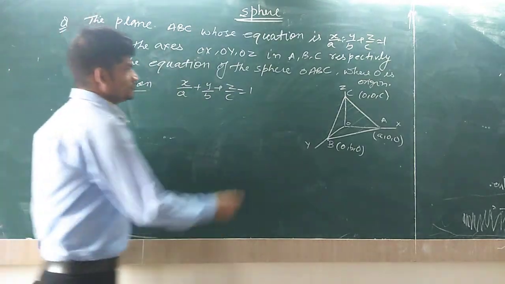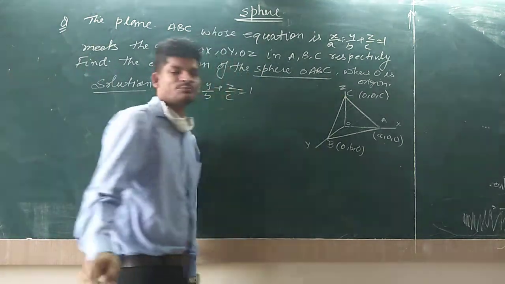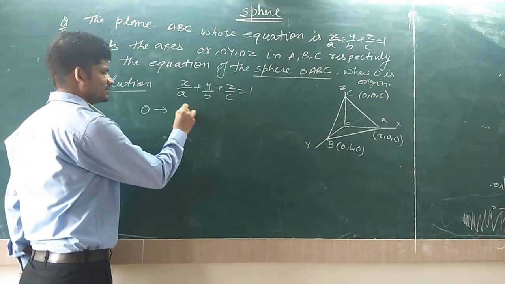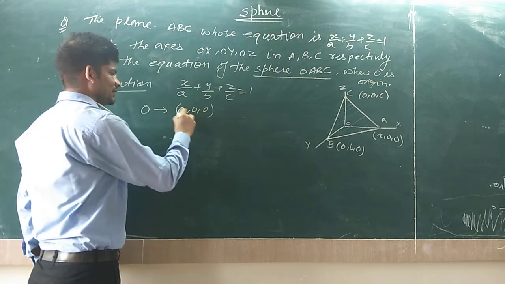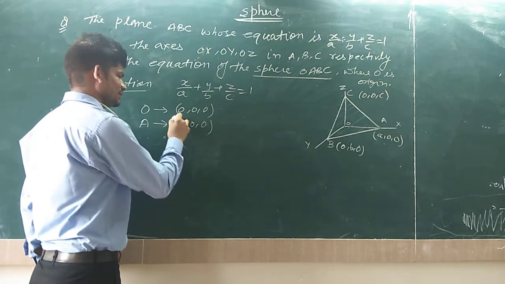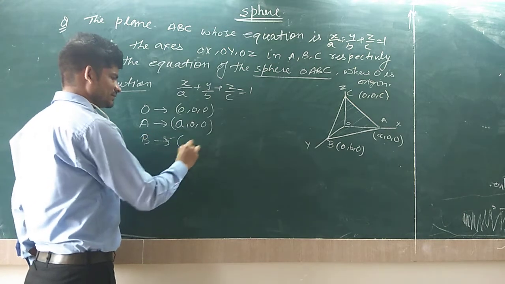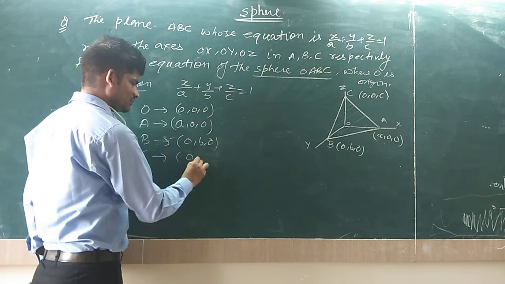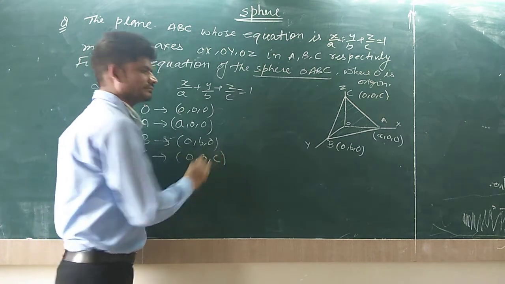The sphere passes through 4 points. The first point is O, the origin, with coordinates 0 0 0. A point coordinate is a, 0, 0. B point coordinate is 0, b, 0 and C point coordinate is 0, 0, c.